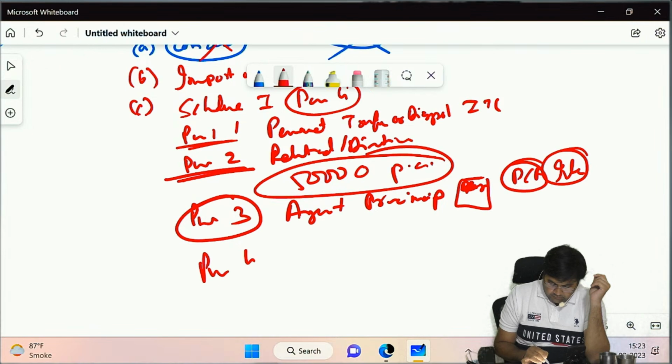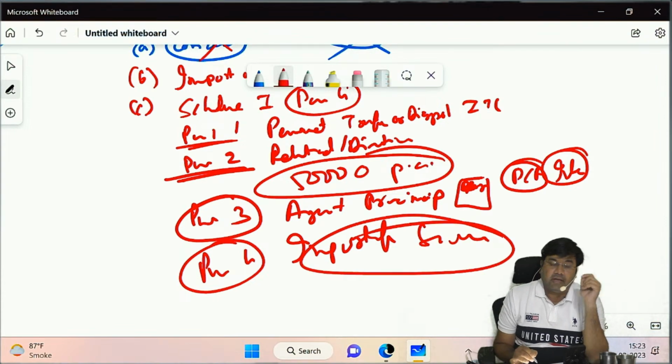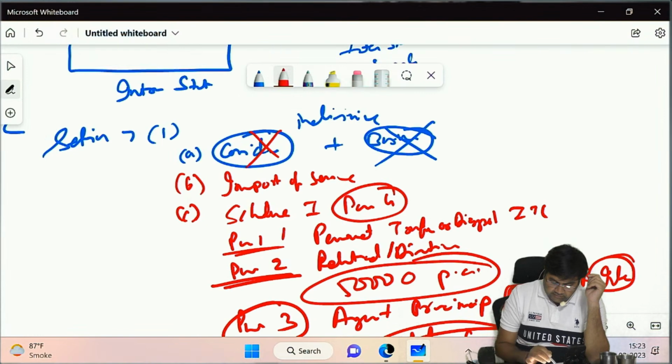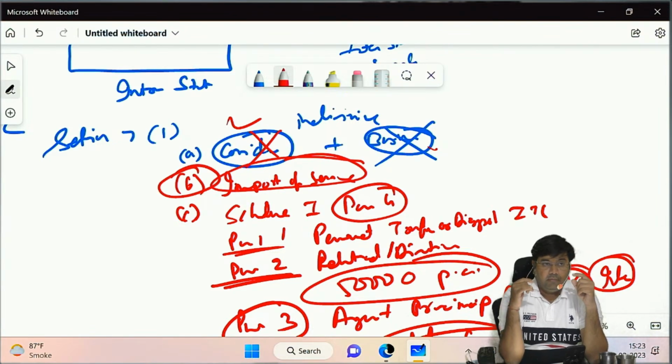Para 4: import of services, related parties. Okay, consideration is not there, but if it is in the course or furtherance of business, then it is going to be supply subject to GST. If import of services has consideration but business is not there, then it is going to be covered under clause B. So there is a gap between clause B and para 4 of schedule 1.